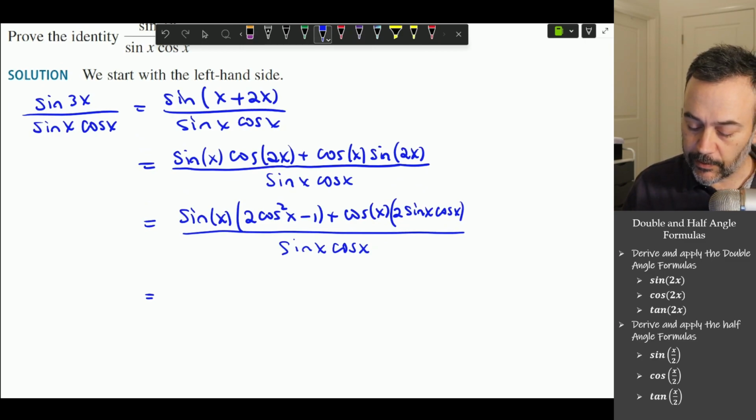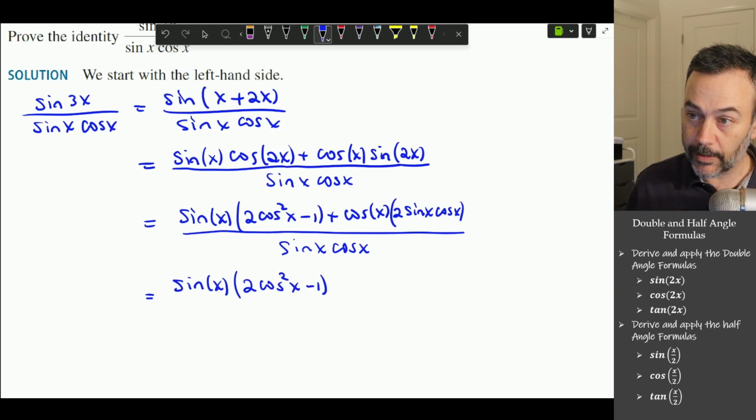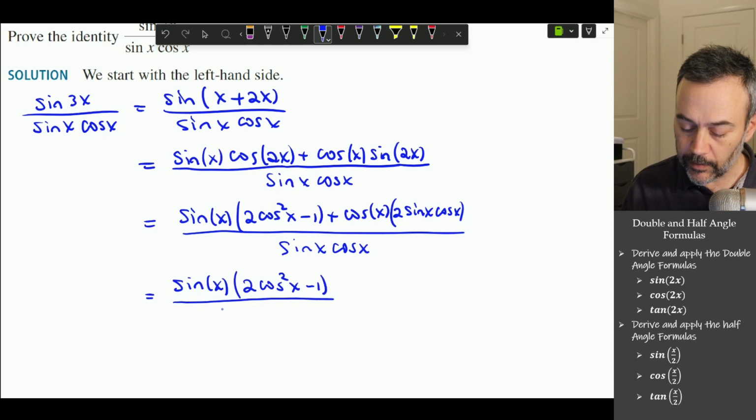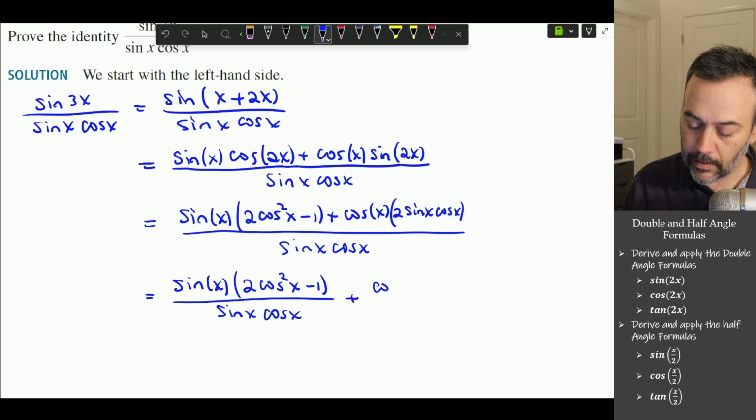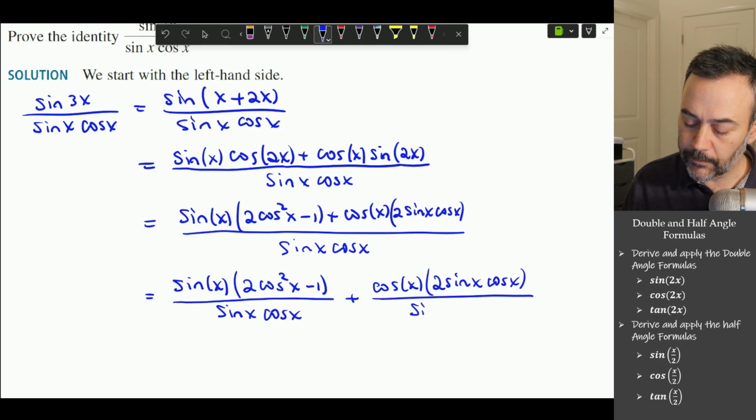Okay, so sine of x, 2 cosine squared x minus 1 over the denominator, plus cosine x, 2 sine x cos x, all over that denominator.